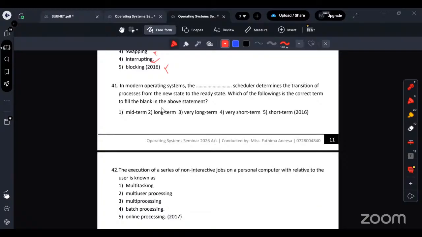Which scheduler does it? Quickly, guys, which scheduler does it? Short term, mid term, which term? Long term.